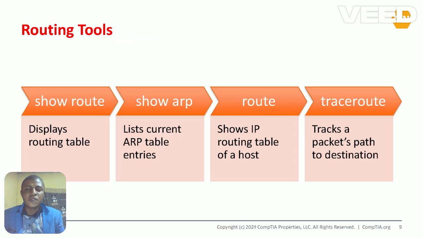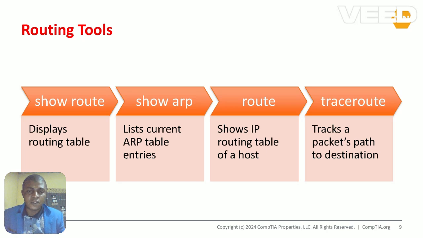Now routing tools. We have show routing. When you go to your command prompt, when you are connected to the router, you type show routing, and it displays the routing table for you. You use the Address Resolution Protocol (ARP) to list the current table entries.